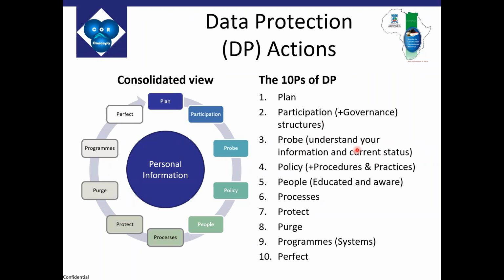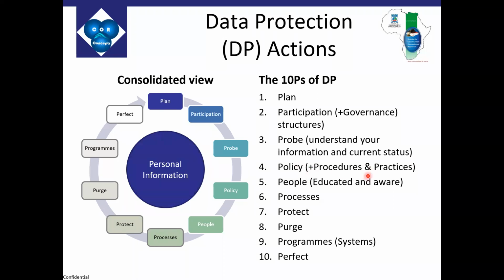Probe is really twofold. The first one is to do that data mapping that I've spoken about. And secondly, you should do a current state assessment. Where are we now? Are we ready? Are we compliant to the law? Where are the gaps? What are the things that we need to do to fix those gaps?